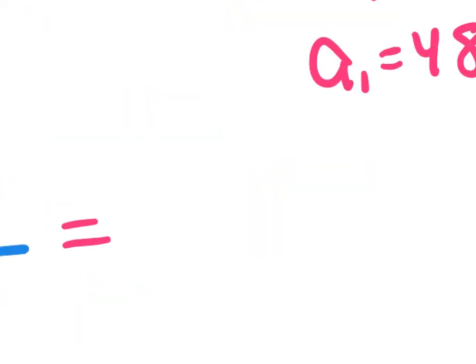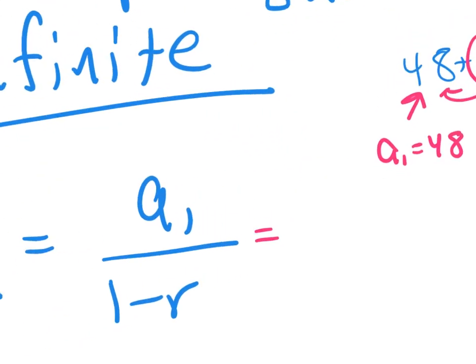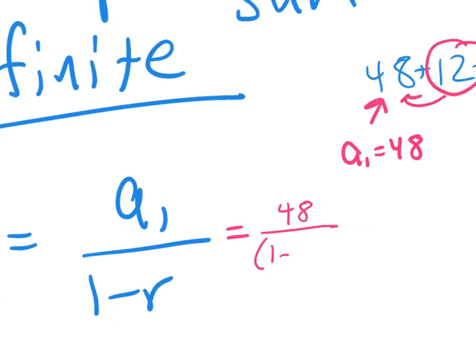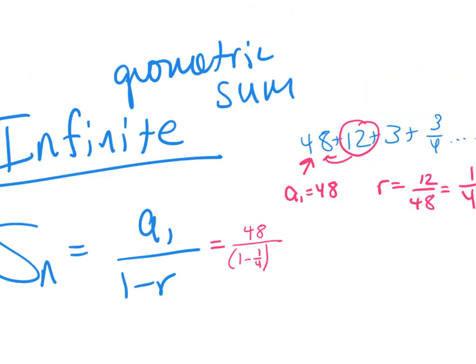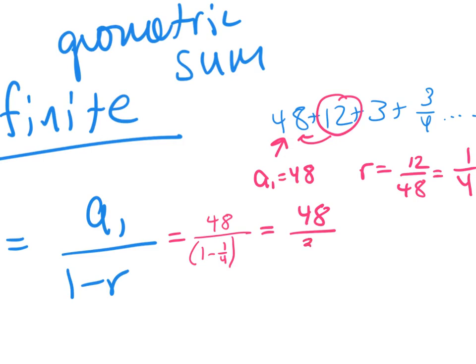So now I just plug that in. I have 48, the first term, divided by 1 minus 1/4. Now I'm going to work this out by hand and then I'll also do it in the calculator to show you. So I have 48 over, what's 1 minus 1/4? 3/4.